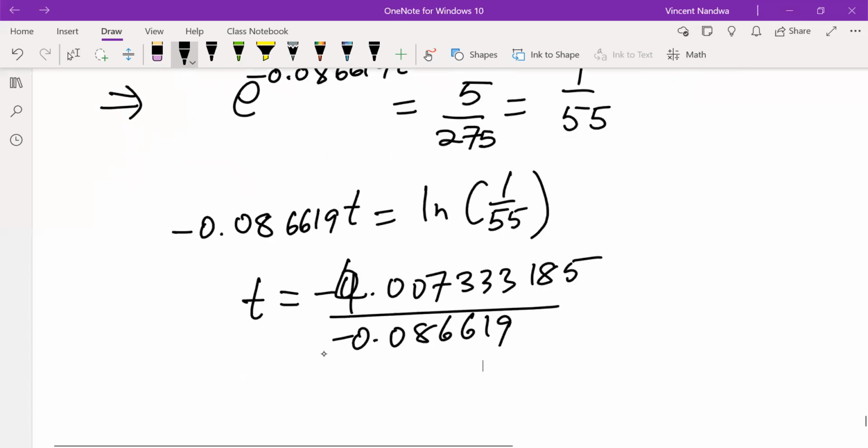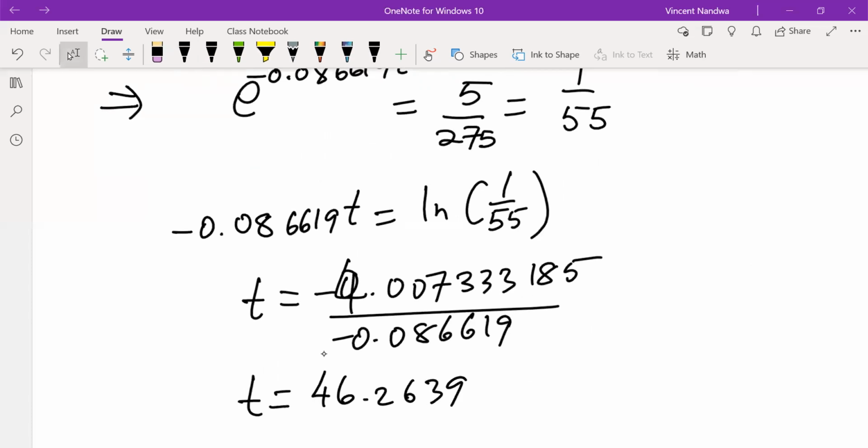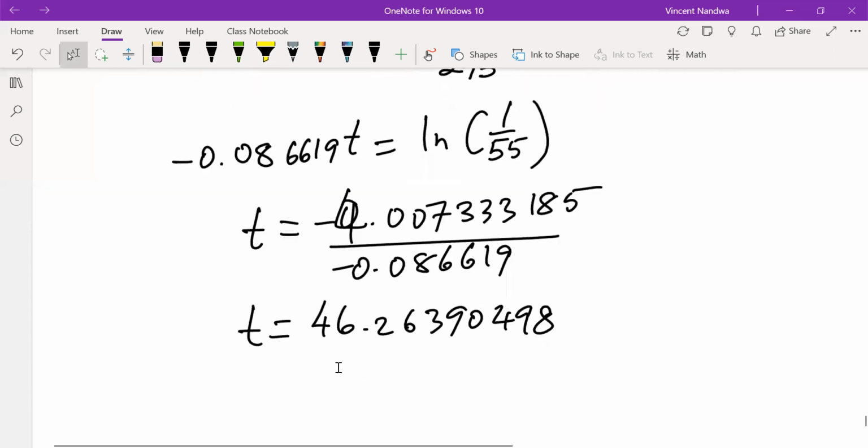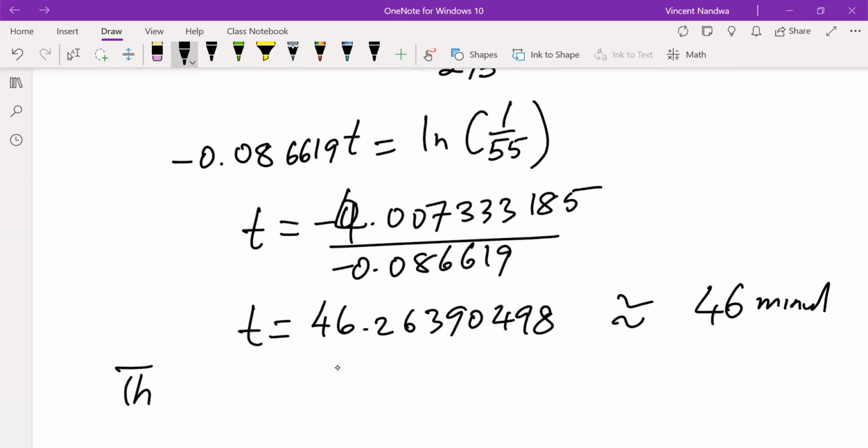This will give us t equals 46.2639048, which is approximately 46 minutes.